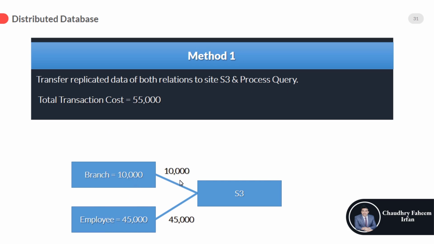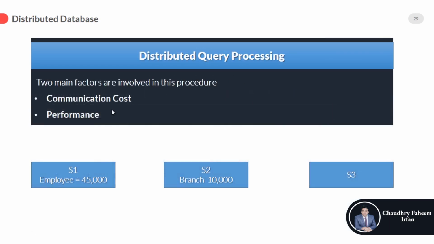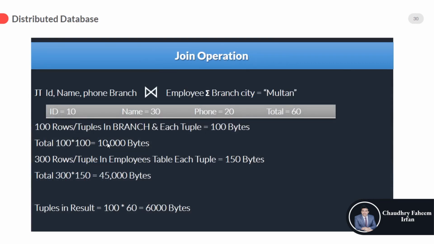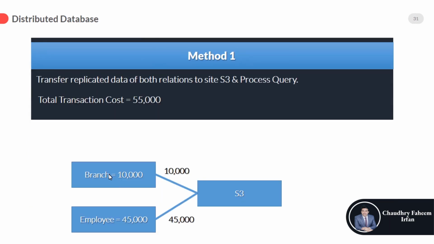So what is the communication cost and what will be the performance? 10,000 bytes are sent to S3 and 45,000 bytes are sent to S3. So the total transaction cost is 10,000 plus 45,000, which is 55,000.